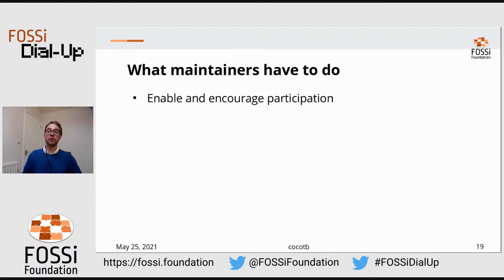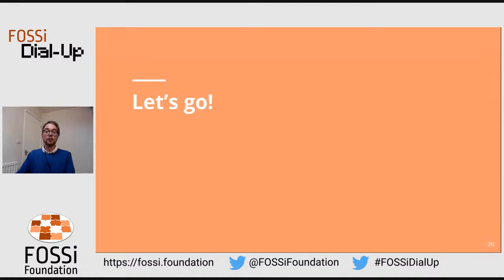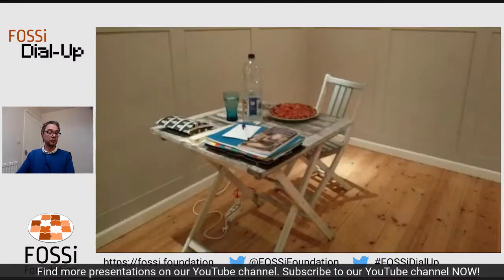It is possible to split up those tasks into the wider community and spread them out, but that's only possible if there is participation from others, and this participation needs to be enabled, managed and encouraged. How we do that in the cocotb world, and also takeaways that you can apply to your own project to do the same, is something we'll be looking at next. So let's see how we did that.